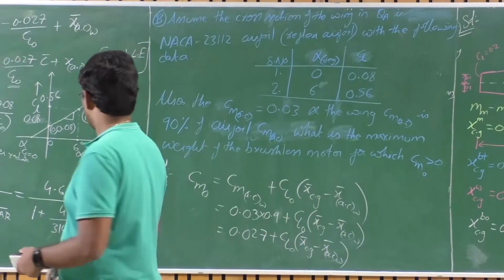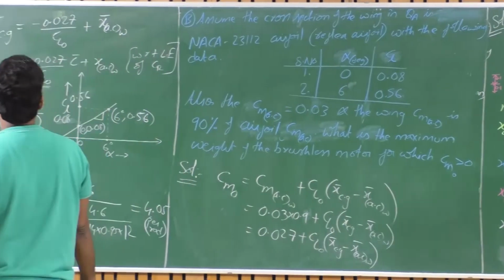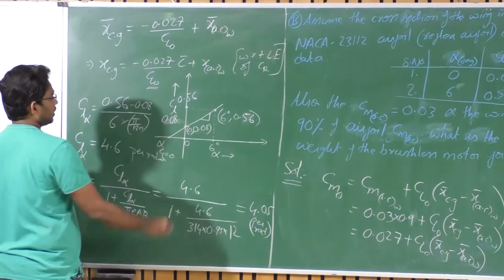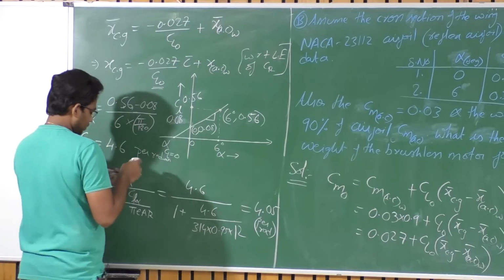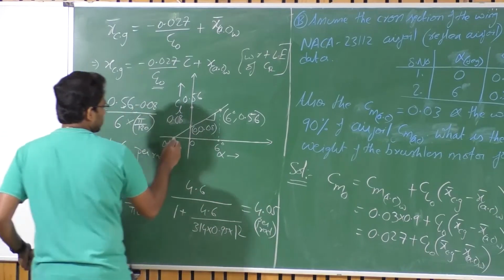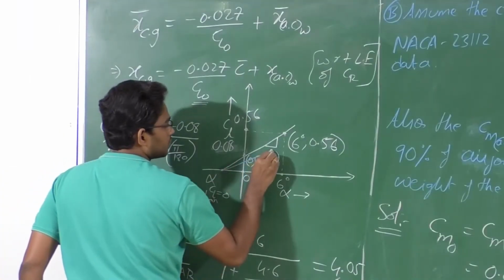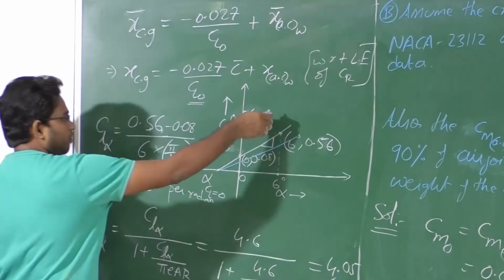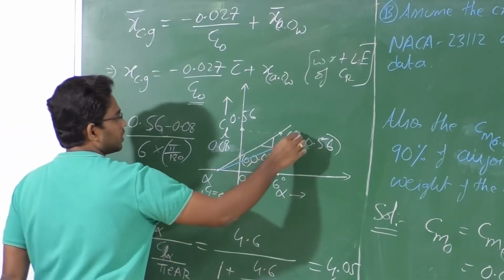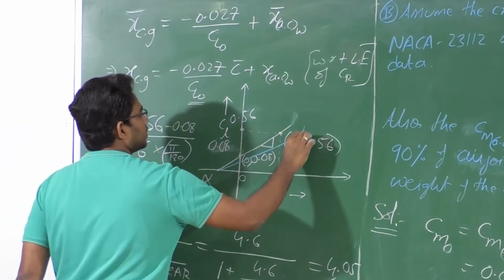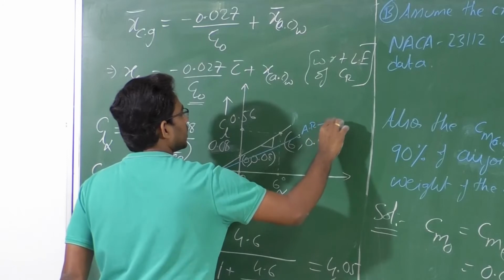Okay. Now once you have CL alpha 3D, you need to find out CL naught 3D, right? So say this is for the infinite wing, this is for the finite wing, right? So this is for AR infinity, and this is for AR 12.